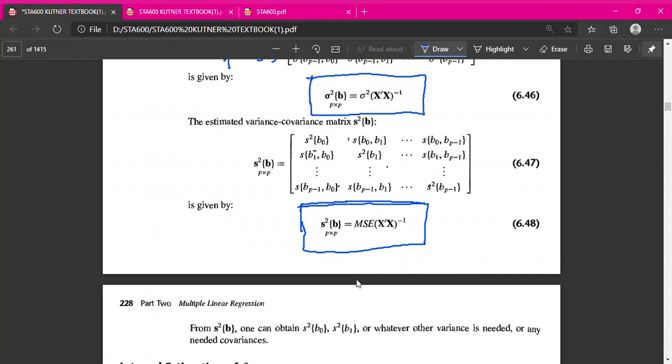Okay, so macam kita bagi tahu tadi lah, di sini will be the estimated variance untuk beta naught, estimated variance untuk beta 1 dan juga sehinggalah estimated variance untuk B P minus 1.